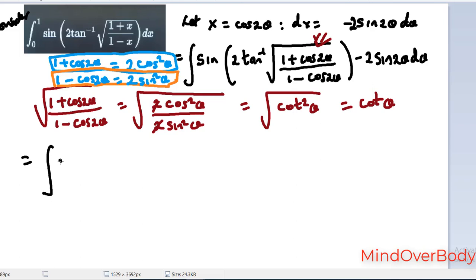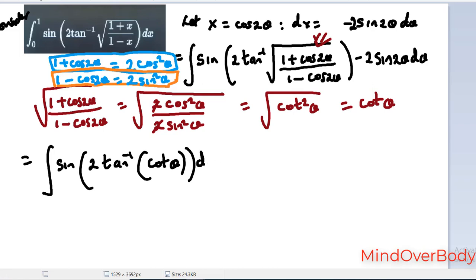So this is equal to the integral of sine of 2 times tan inverse of cot theta times, I need to place that. Let me clean this off and place the negative 2. I'm going to place negative 2 there, and I will have this sine 2 theta times d theta. So this is present in a parenthesis.